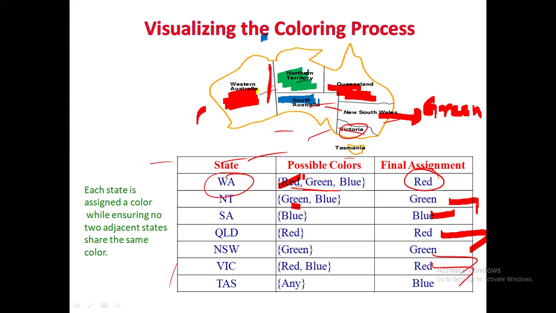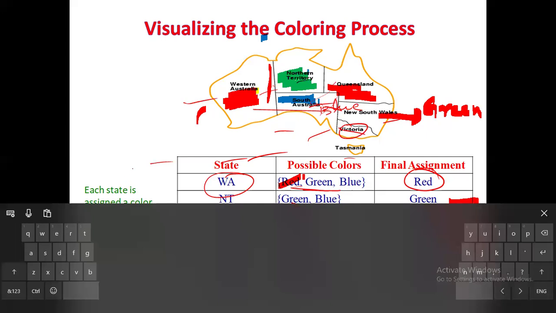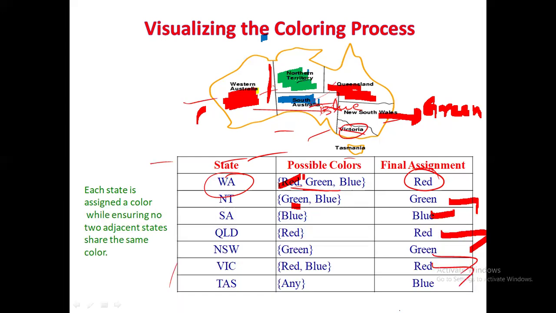Since South Australia is blue, Victoria compulsorily must have the red value.